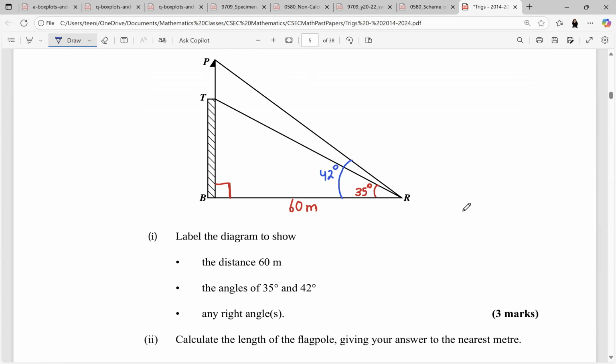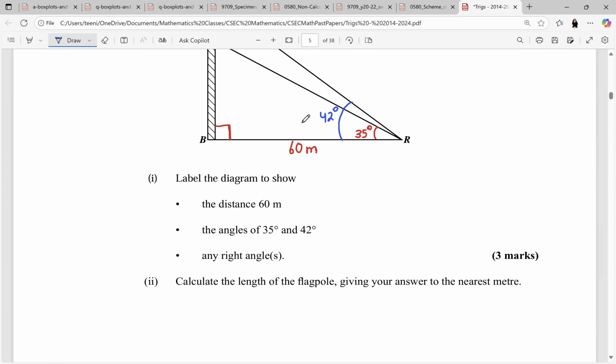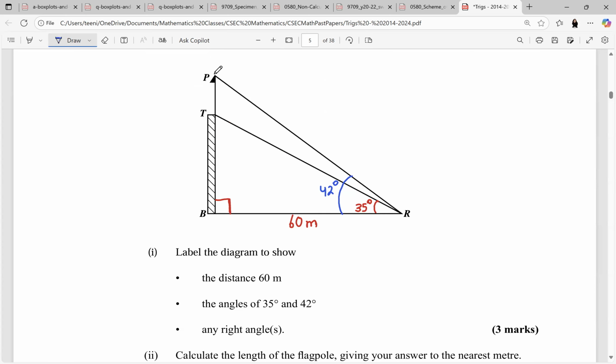I think it sounds good. Let me work it out now and see. Excellent work, Aaron. So, in order to find the length of the flagpole, we would first need to find the entire length BP, right? Because there are two triangles here. There's this big triangle, BPR, and you could find the length of BP.